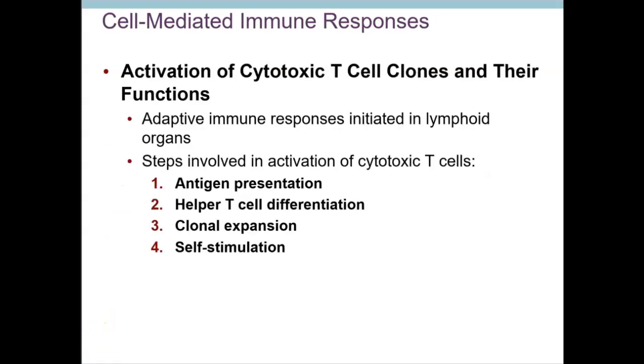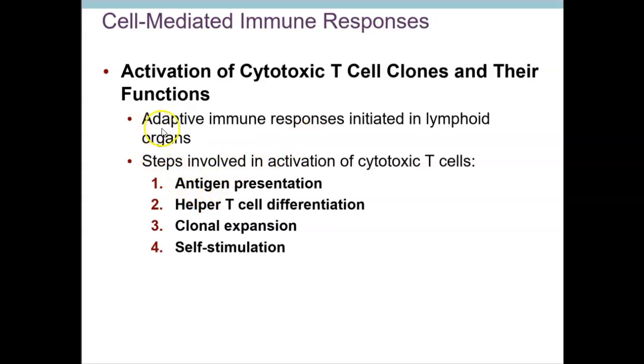The T cells, in particular the cytotoxic T cells, well, the T cells in general are the cells referred to in cell-mediated. These are immune responses that are done by cells. Which cells? T cells. We have cytotoxic T cells, and their clones function to find certain kinds of pathogens.